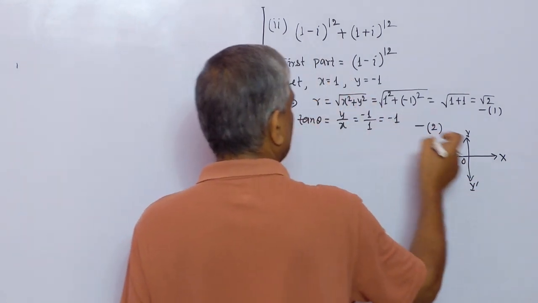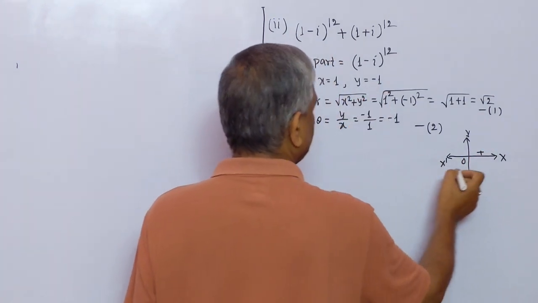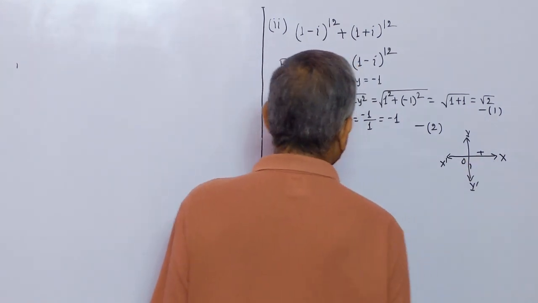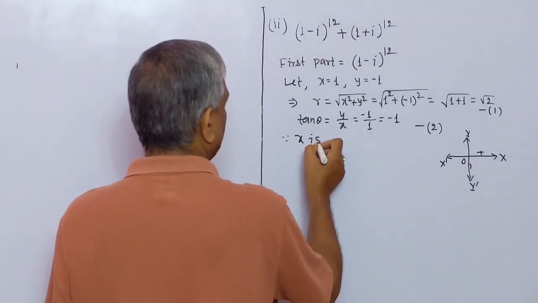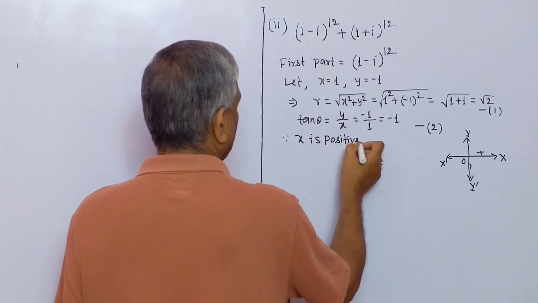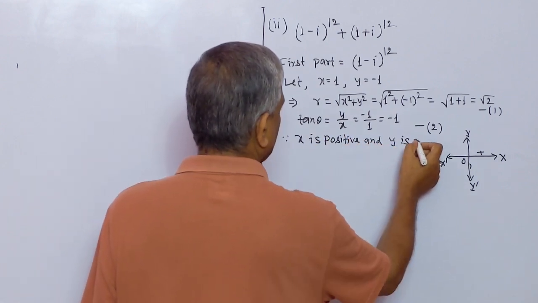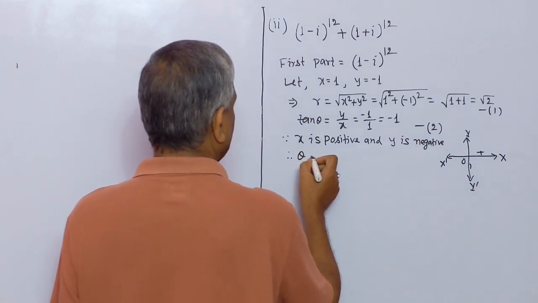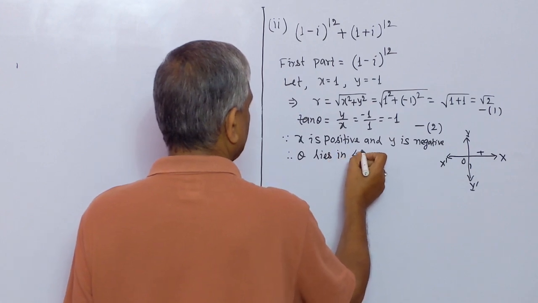Here x is positive and y is negative, so theta lies in the fourth quadrant. Since x is positive and y is negative, therefore theta lies in the fourth quadrant.